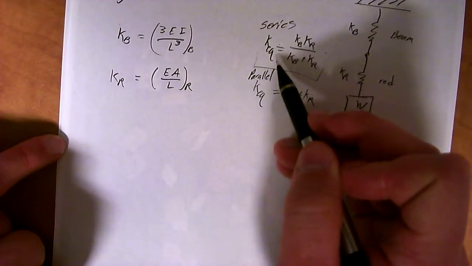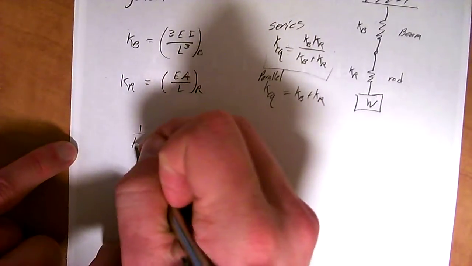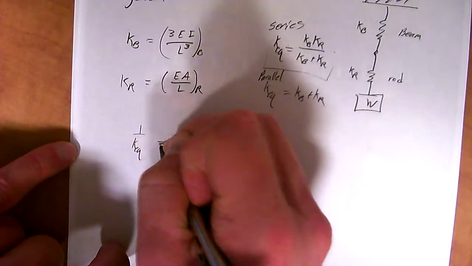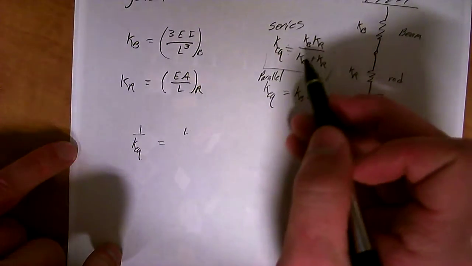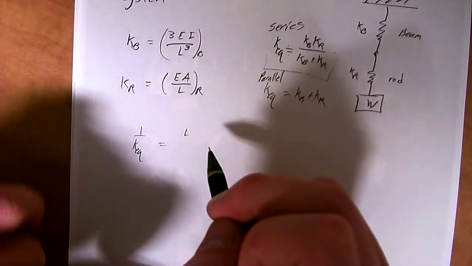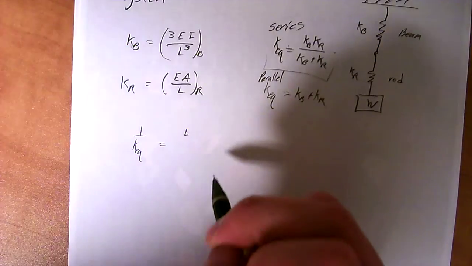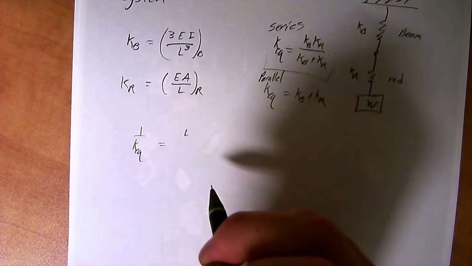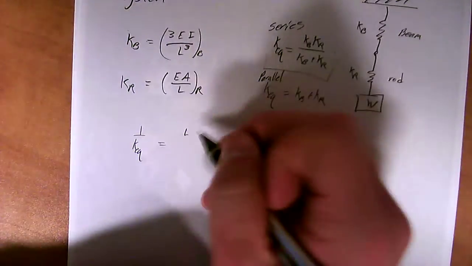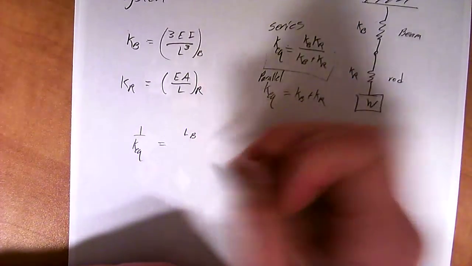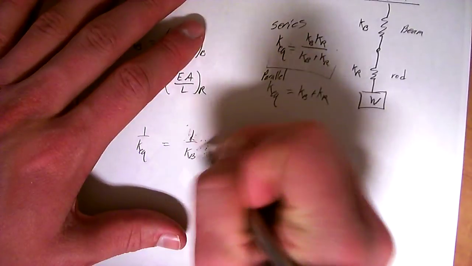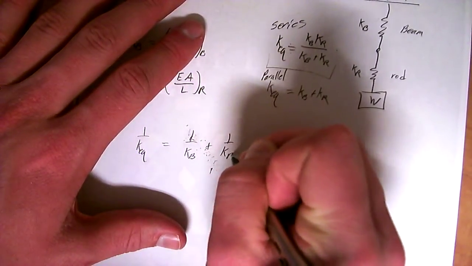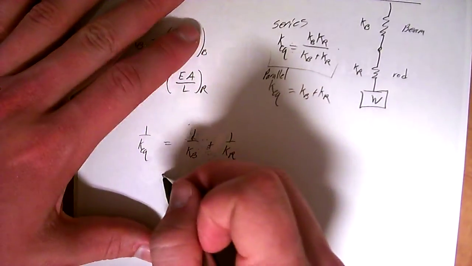So another way to look at this, if you were to take the inverse of this and make it 1 over KEQ, we're going to do this because it's going to be slightly easier, and then sub in these values. We've got 1 over KB plus 1 over KR.